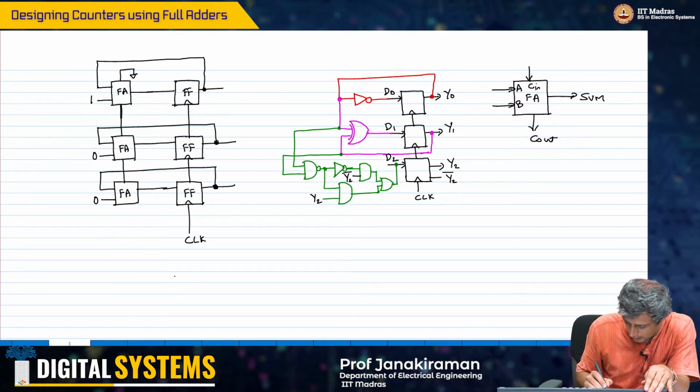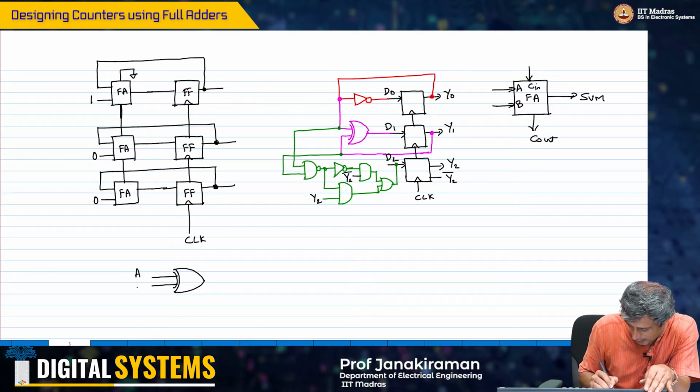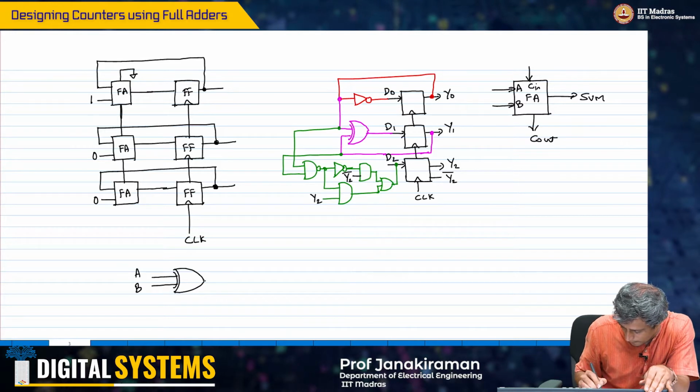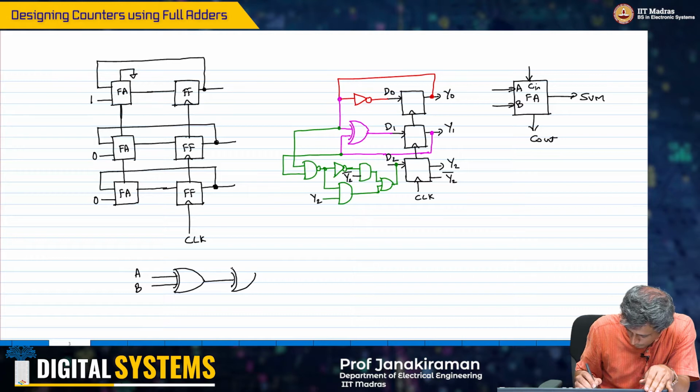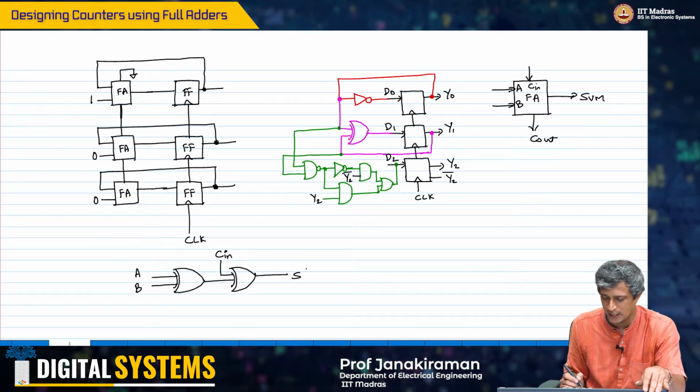The full adder basically is, I will deliberately draw this as A and B instead of a 3 input XOR. This is C in, and you get the sum out here, right?